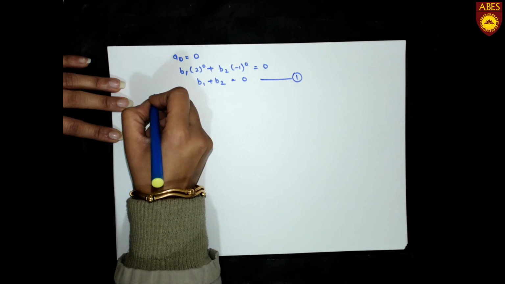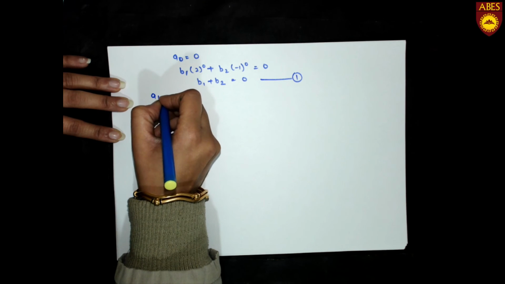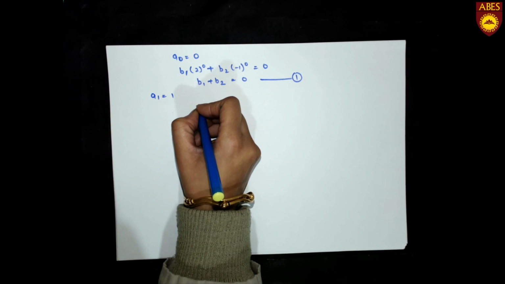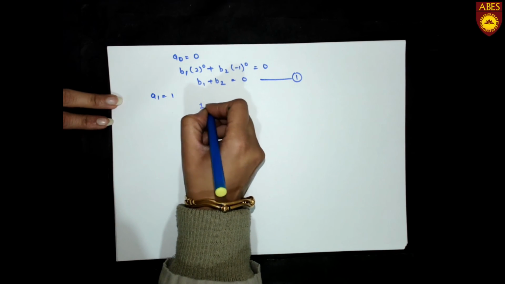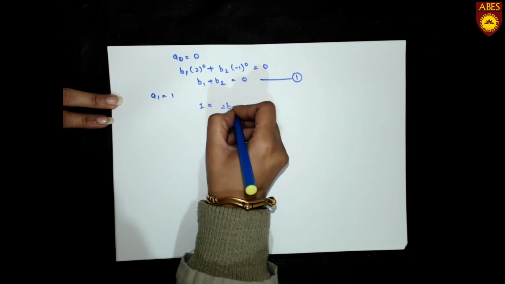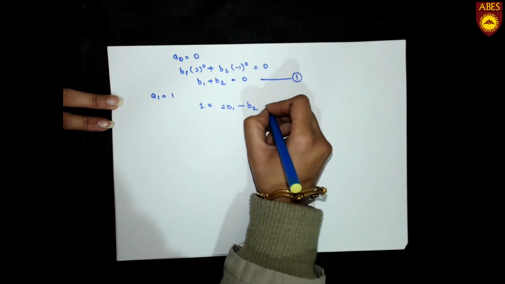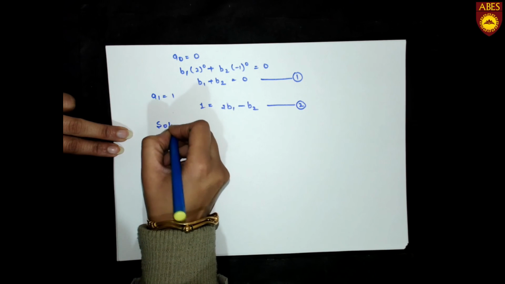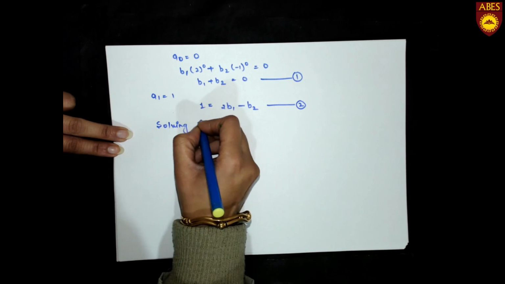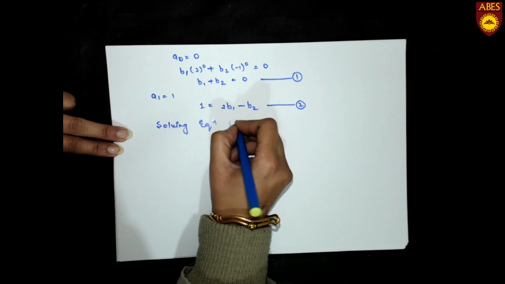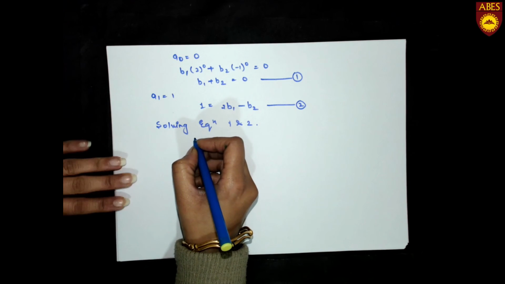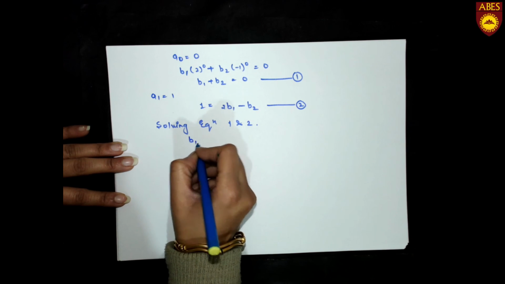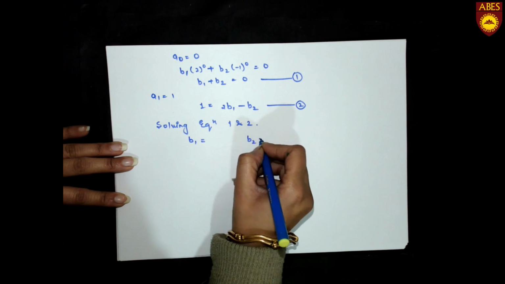Again, if a1 is equal to 1, you will get the equation 1 is equal to 2b1 minus b2. This will be equation 2. Solving equations 1 and 2, you will get the values of b1 and b2.